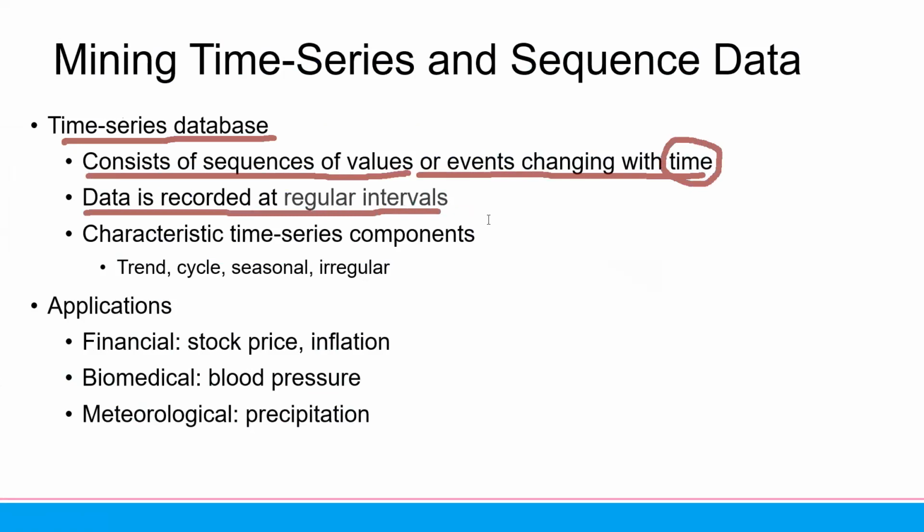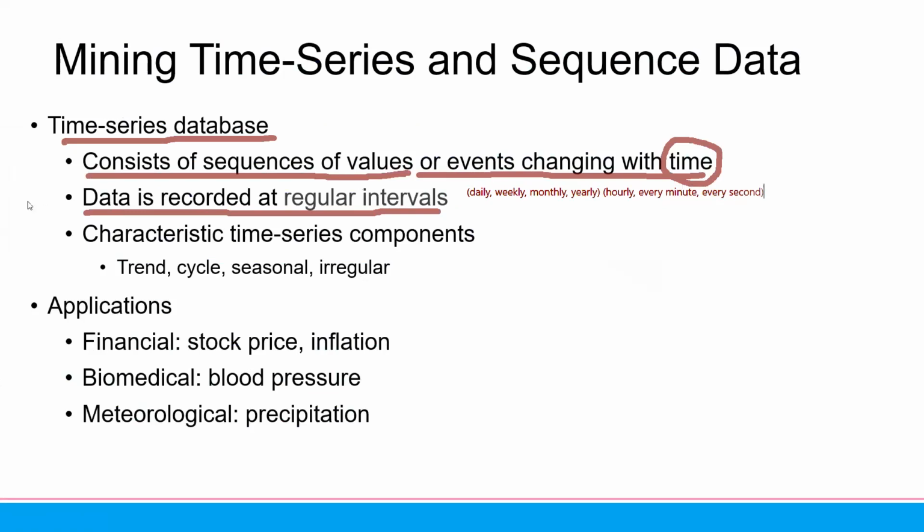What does it mean by regular intervals? It can be daily, or weekly, or monthly, or yearly. So it is regular. Or sometimes we can also have hourly, or maybe every minute or every second. So if your database is good enough, then you can get data in every second.